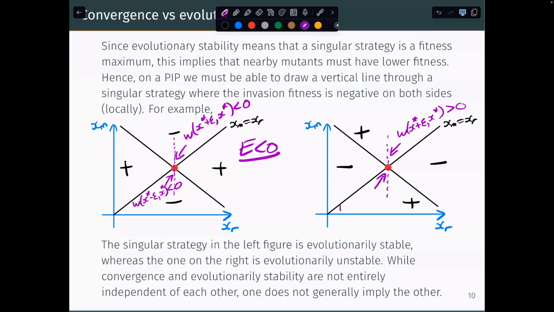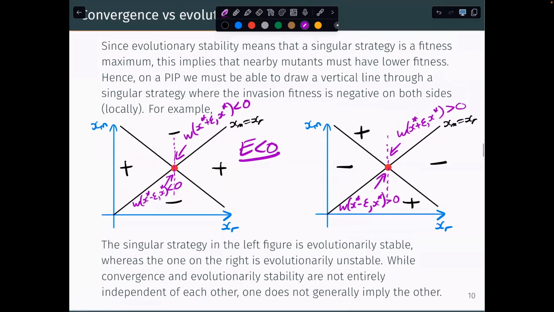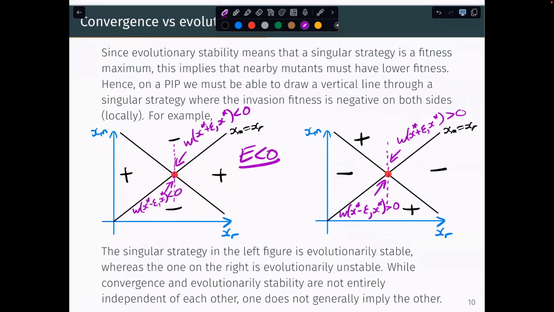Conversely, on this side, if you slightly decrease the trait value by epsilon, again, this is going to be positive. So this is like being stood at the bottom of a valley. If you take a step one way or the other, you've increased your height. Think of the height as being your fitness.